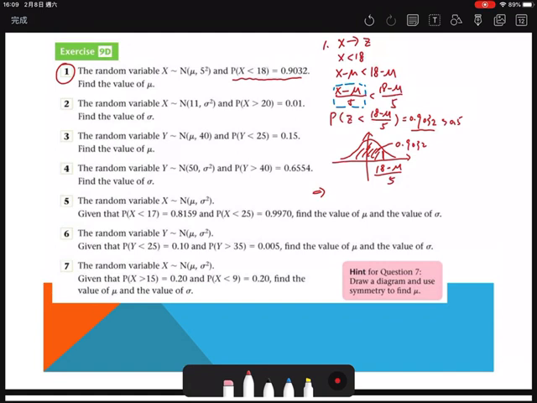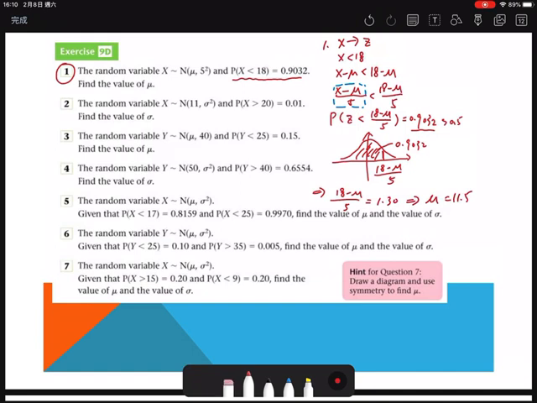So it means that (18 minus mu) over 5 is 1.30. So finally we can find the value of mu. Mu is 11.5. So this is the way to do question 1.